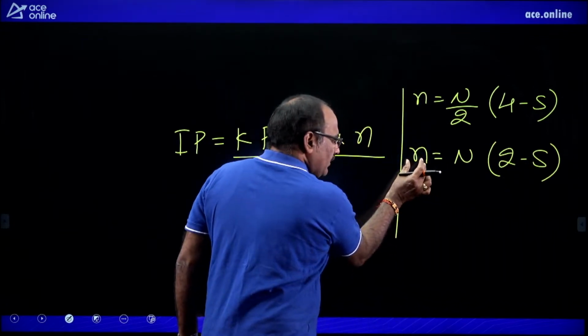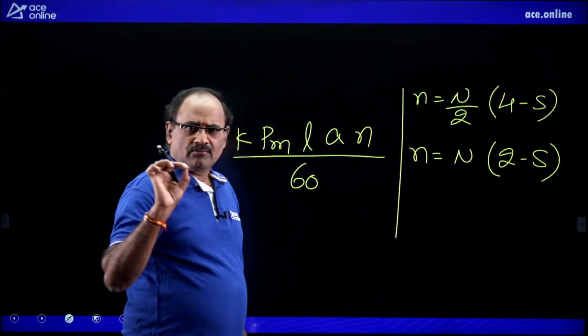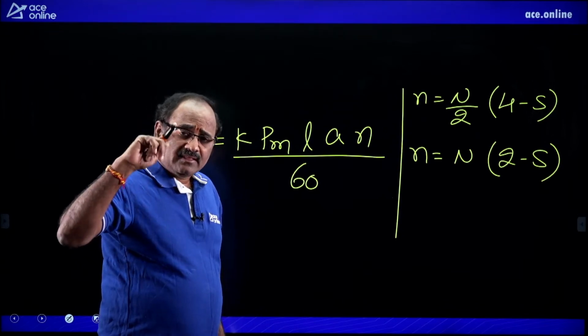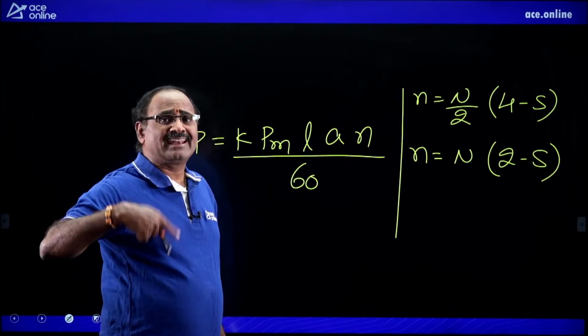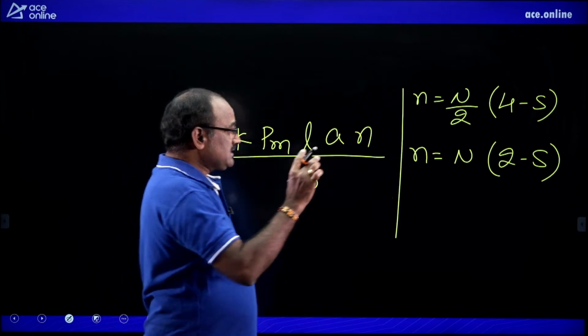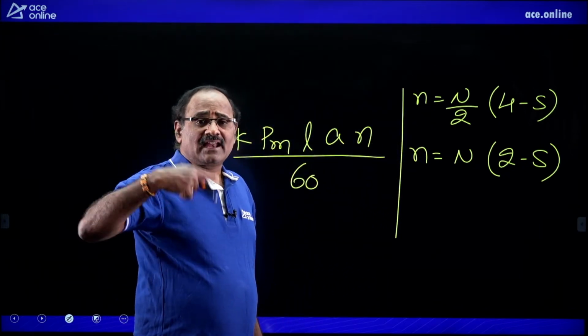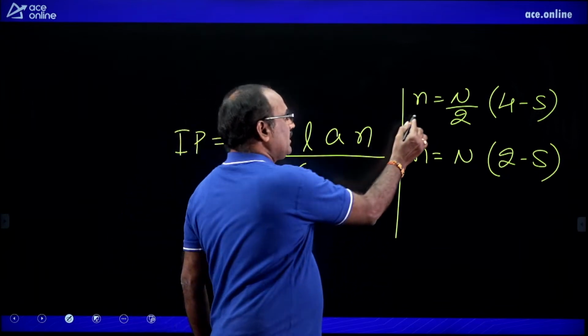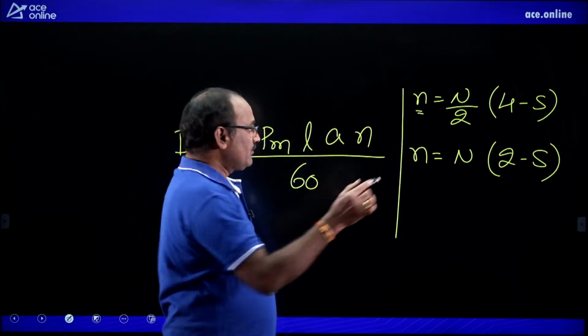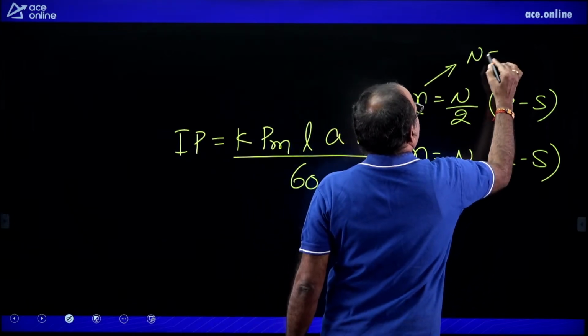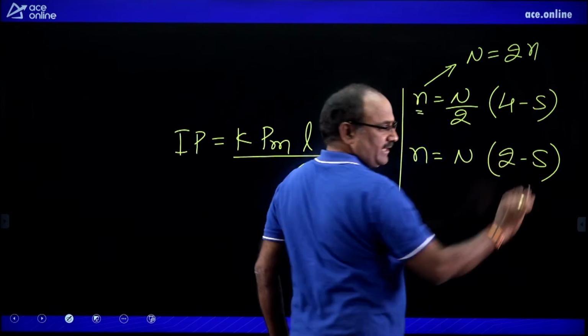Why is the number of working strokes equal to RPM for 2-stroke engines? Because in case of 2-stroke engine, there is a power stroke in each and every revolution. But for 4-stroke engine, we need to wait until the crank completes 2 revolutions to get 1 power stroke. From this you can write that capital N equals 2 into number of working strokes.